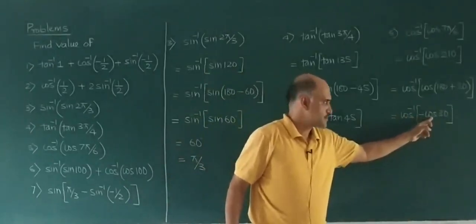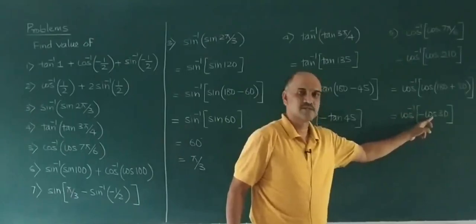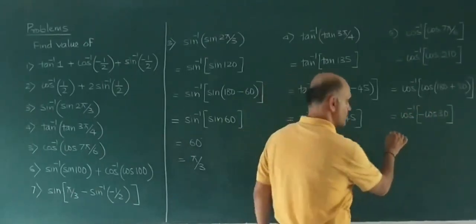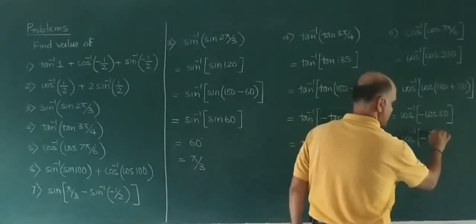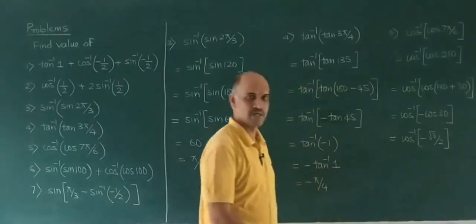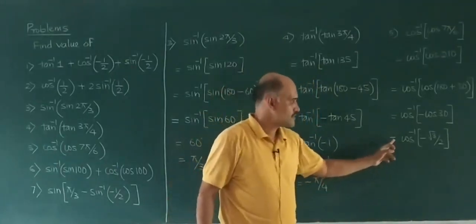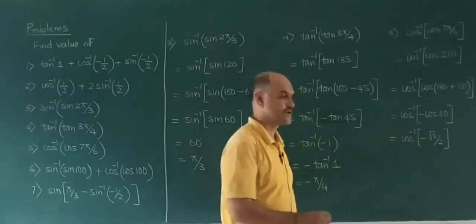Now you can substitute this value, or else you can apply cos inverse of minus x. So I will substitute the value. Cos 30 is root 3 by 2. So minus root 3 by 2. Now cos inverse of minus x is pi minus cos inverse x.